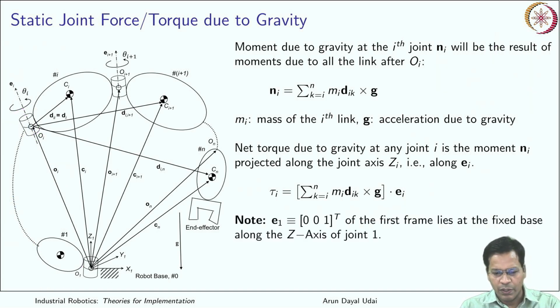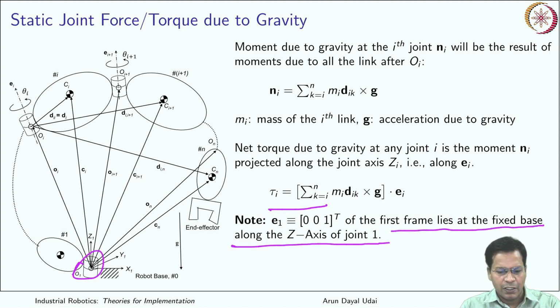For the first link, it is always aligned like this, 0, 0, 1. It is perpendicular to the surface plane. The first frame lies at the fixed base and z is along this, so it is given by 0, 0, 1. Others can be calculated using transformation matrices. Got it? So this is your torque.